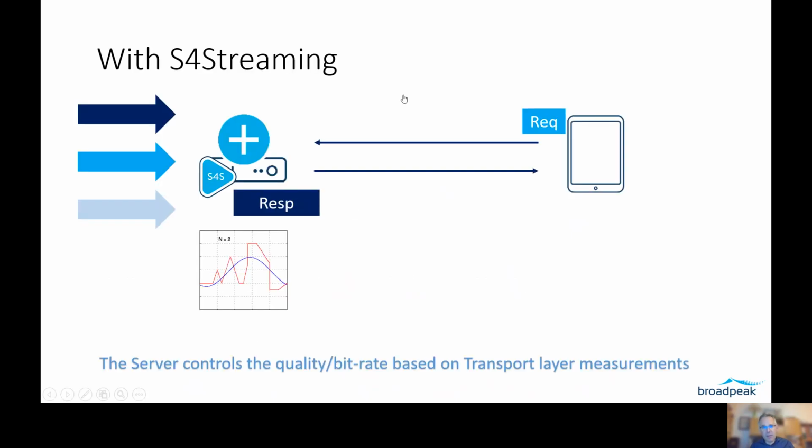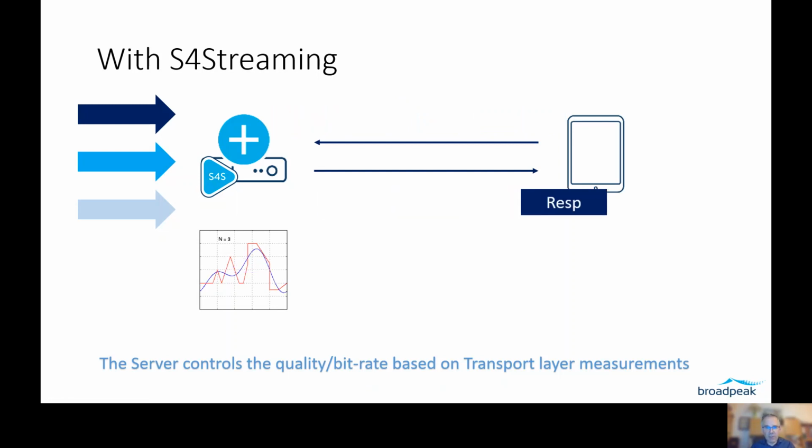The solution was designed 2 years ago already, and what we did is quite simple to understand. Let's go back to the ABR principle. The player still works the same, requesting segments, but this time the server returns the segment of its own selection, the quality corresponding to its own selection.